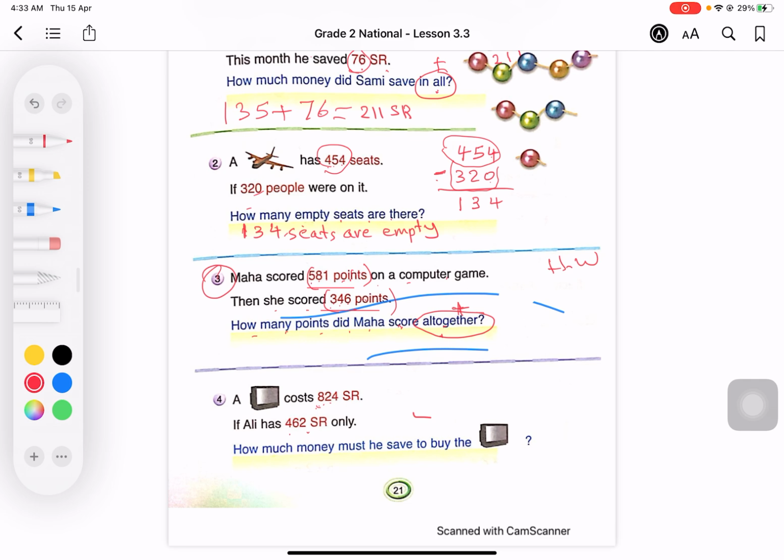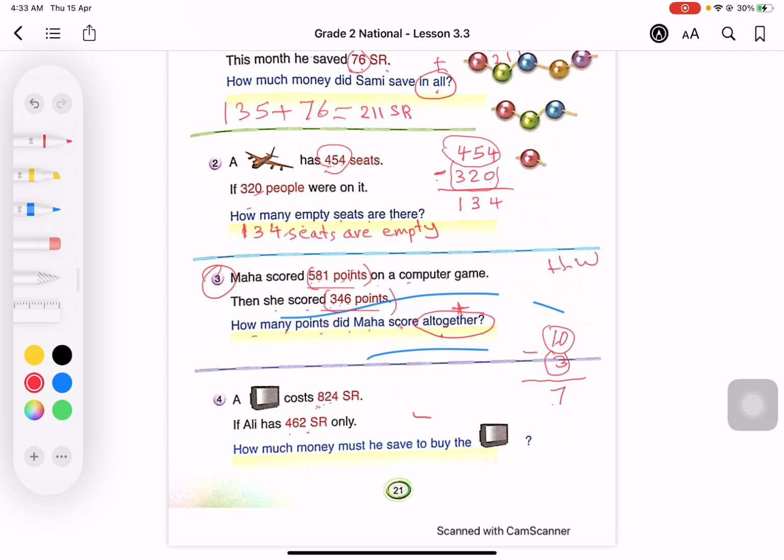If, for example, you like a game and it costs 10 JD and you don't have the whole money, you have 3. So how many do you still need? You will say, Miss, the game costs 10. I have only 3. So I will subtract and I need 7 to get this game. And this is the same.